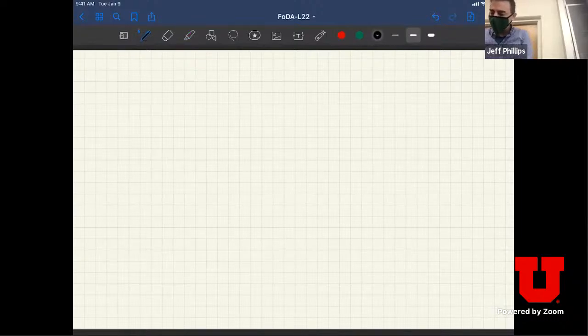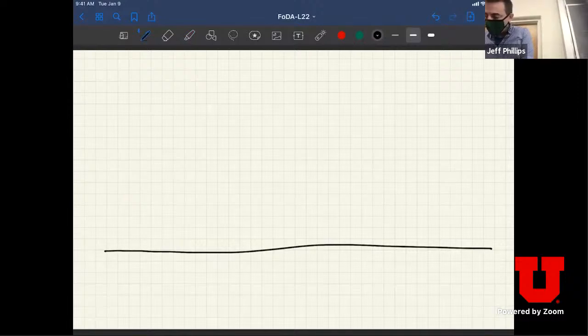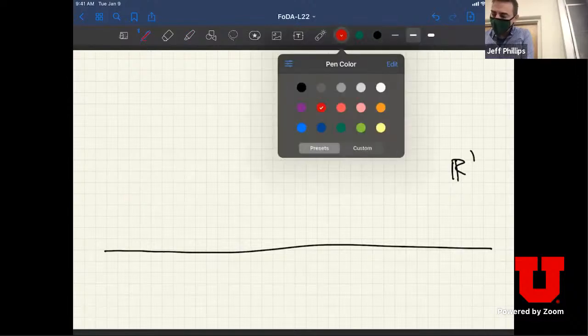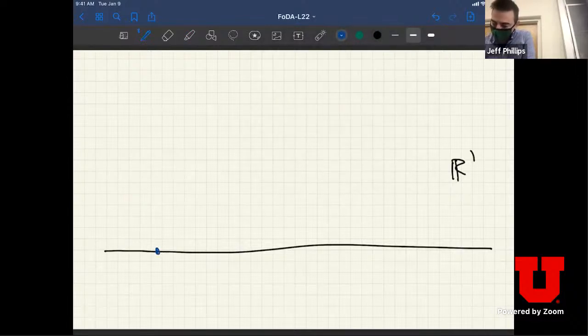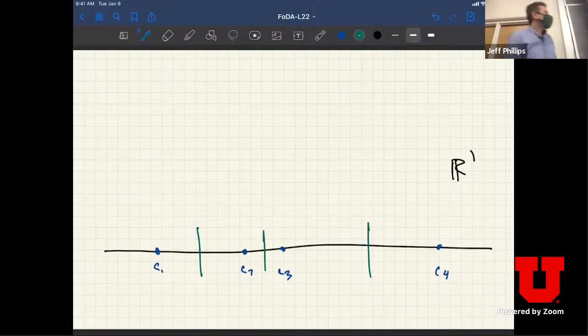It might be illustrative just to think about the case in R1. So if I'm in R1, I might have some sites, let's say centers C1, C2, C3, C4. Then the Voronoi diagram is this non-uniform decomposition, with the boundaries at the midpoints. The distance to the left boundary and the right boundary of C3 is not the same.